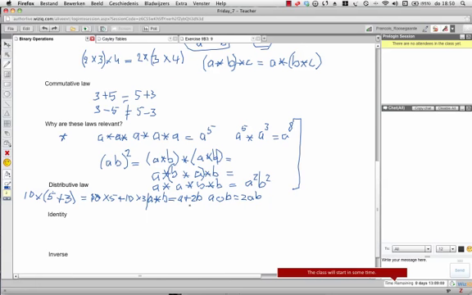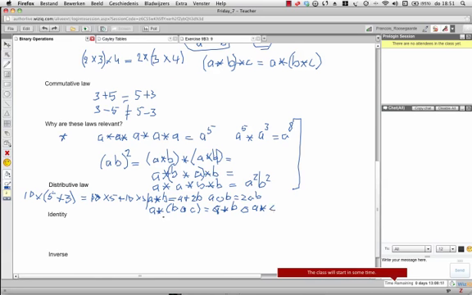Let's check whether A star (B circle C) is equal to (A star B) circle (A star C).